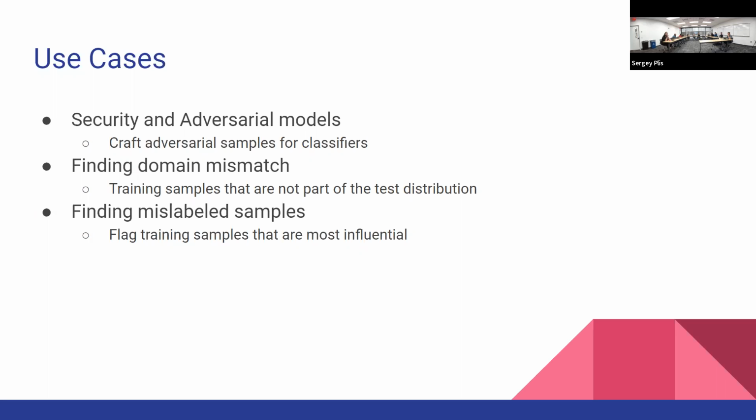By doing that, they can find training samples that do not belong for whatever reason. A sample that is highly influential may actually be mislabeled. Again, this is another issue in the medical field.